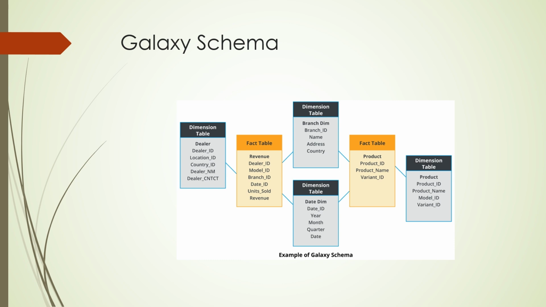So the galaxy schema uses multi fact tables connected with the shared normalized dimension tables. So the galaxy schema can be thought of as a star schema interlinked and completely normalized, avoiding any kind of redundancy or inconsistent data.